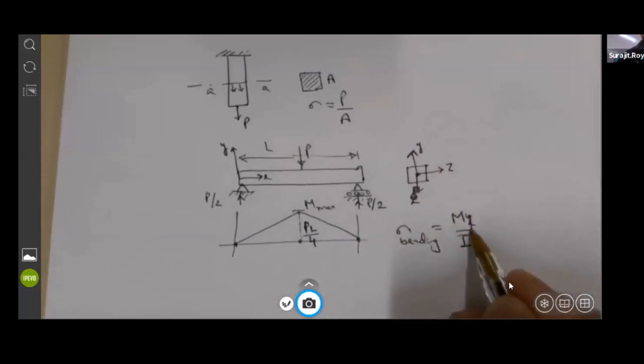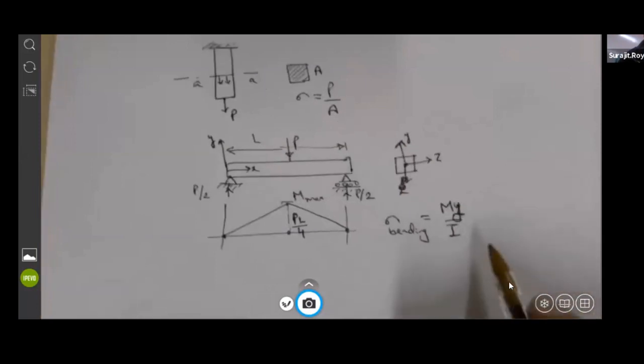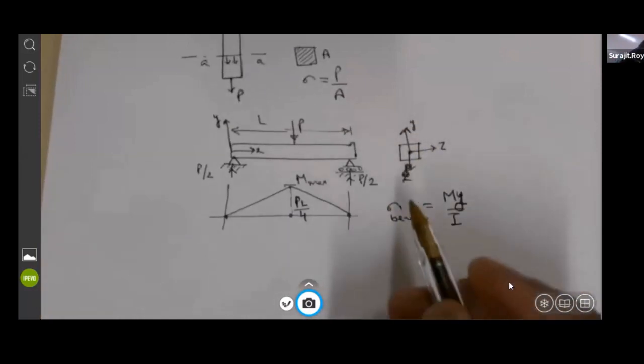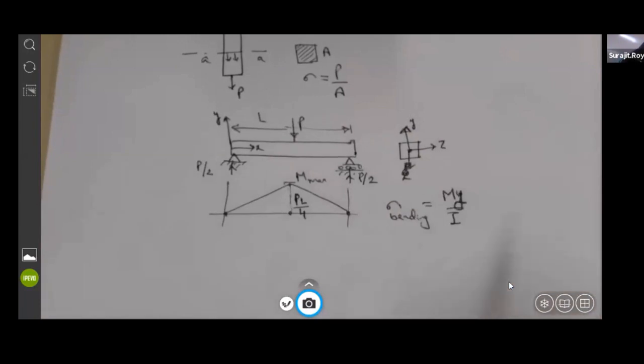So sigma bending will be M times y divided by I. So y is the axis which is on the cross section plane. So is everybody following what I'm doing here right now?